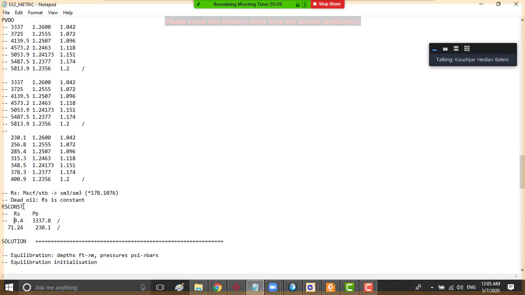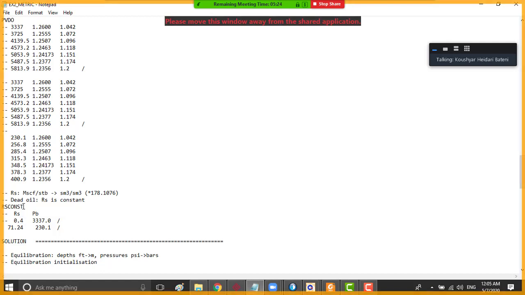Now, the first entry of this keyword is the value of the solution gas, which is given as 0.4 MSCF over STB at the bubble point pressure equal to 3,300 psi.